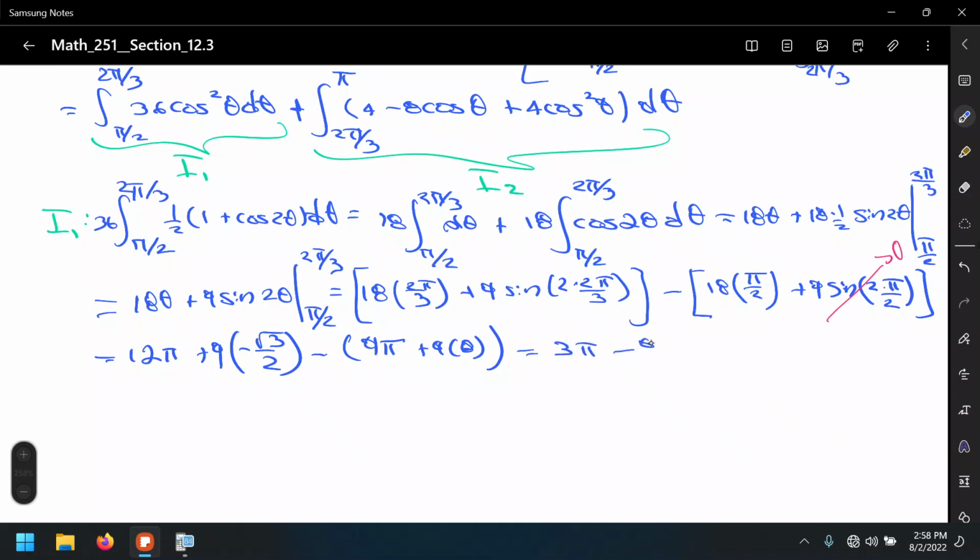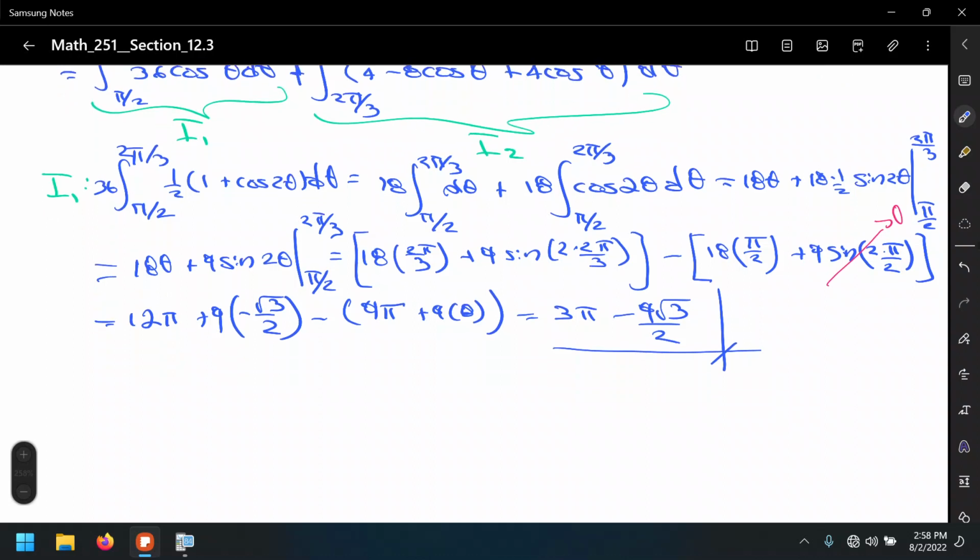And minus 9 root of 3 over 2. All right, so that's the answer only for the first integral. Questions about the first integral?